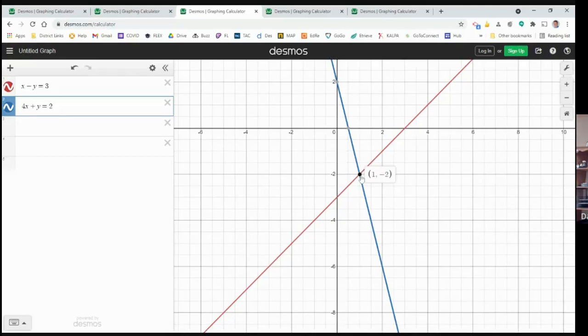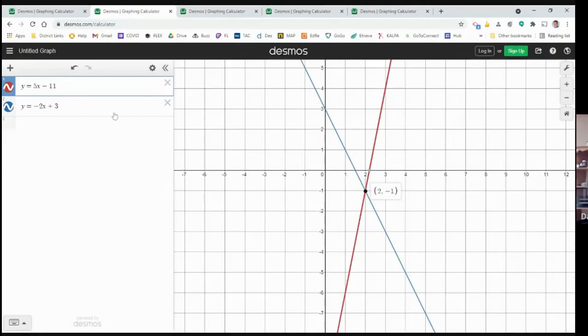There's no way they can touch 2 times or 3 times because they're both straight lines. They're only going to touch in one place unless they're the same line or parallel lines. So that's your only 3 options when you're dealing with lines. Now, if we get into quadratic equations and other equations, then you got all kinds of possibilities. But we're just talking about 2 linear equations, 2 lines. Our options are one solution, no solutions, or infinite solutions.